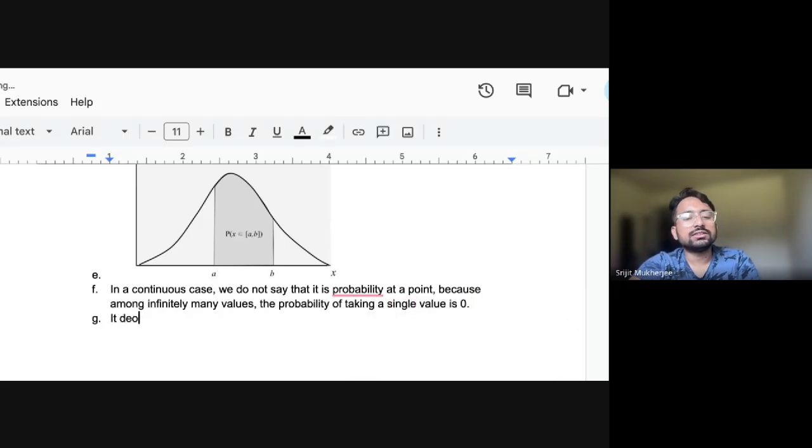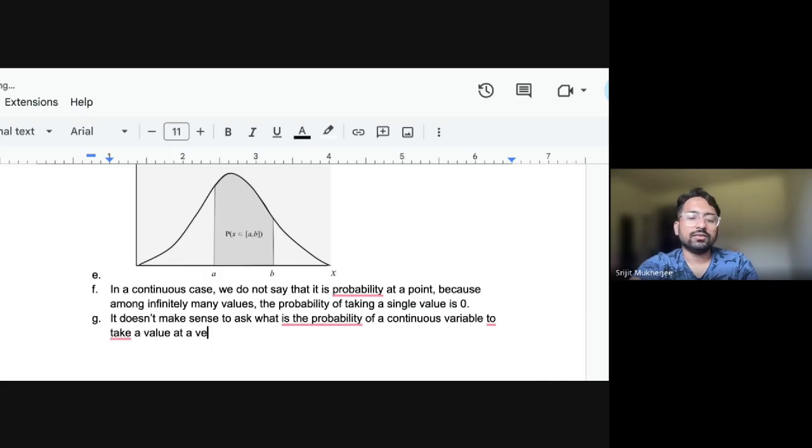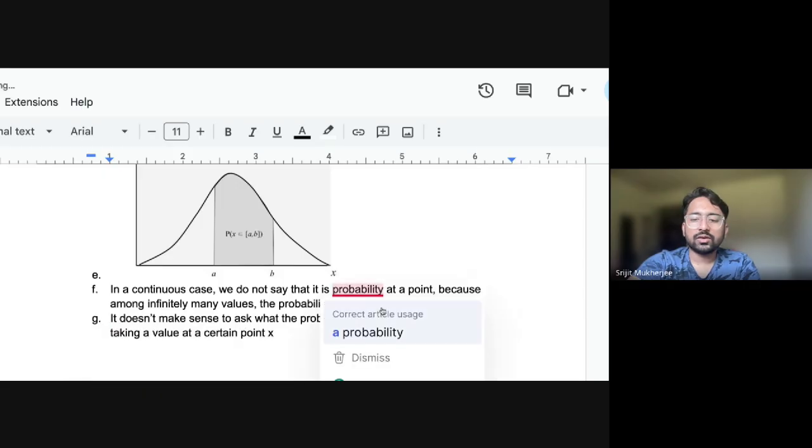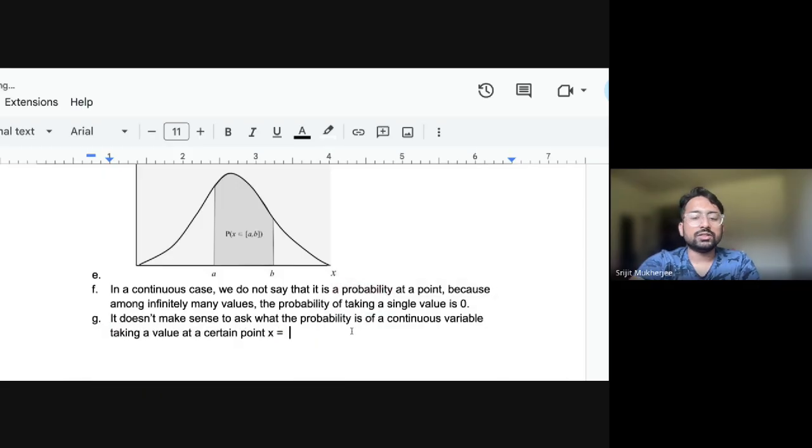So it doesn't make sense to ask what is the probability of a continuous random variable, one that can take multiple values, to take a value at a certain point x. It will always be 0, right?